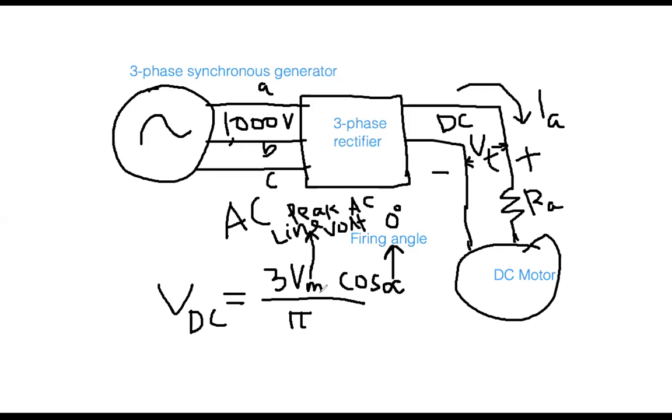Everybody keep in mind, this 1000 volt is the RMS, the effective or RMS value. This is not the peak value, but in this equation, Vm is the peak AC line voltage.